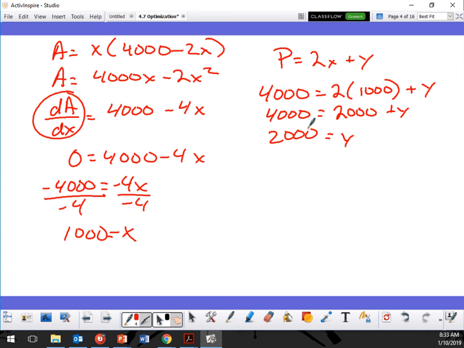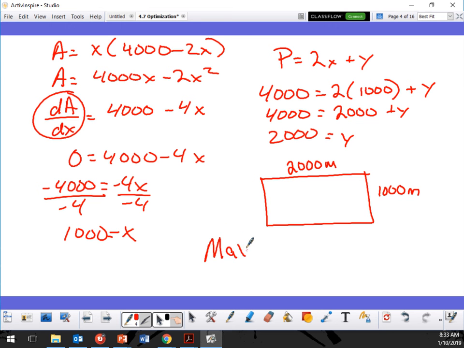So now let's put it into words and talk about what it is. For my rectangle, x is going to be 1,000 meters, and y is 2,000 meters. I'm maximizing the area, and I got the dimensions to maximize the area.